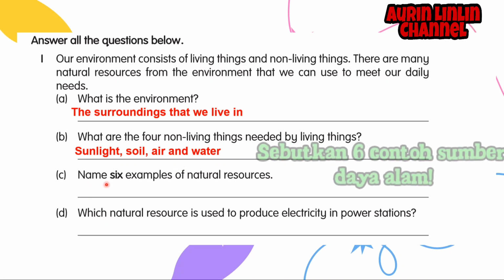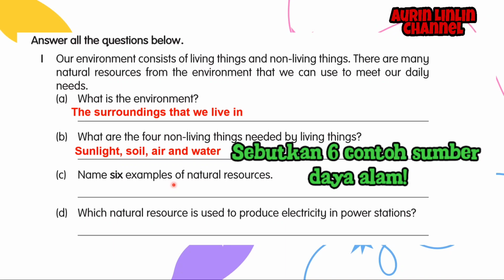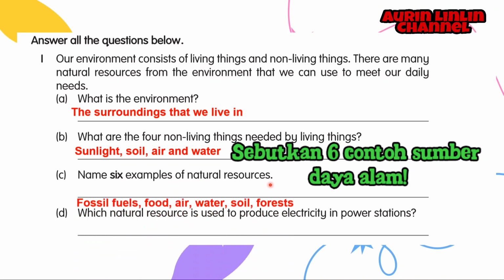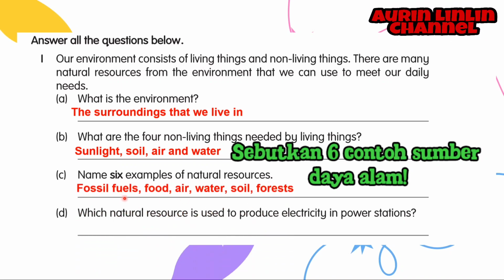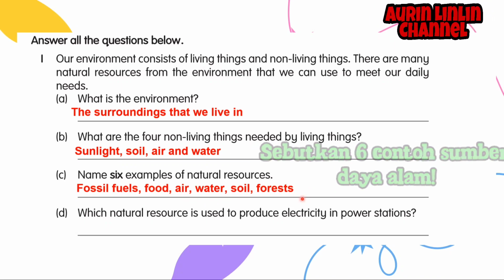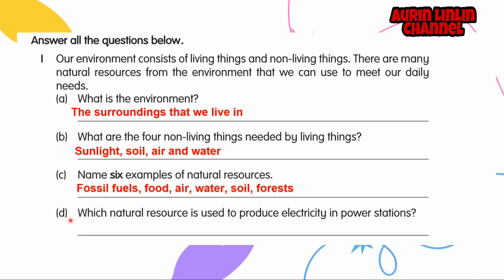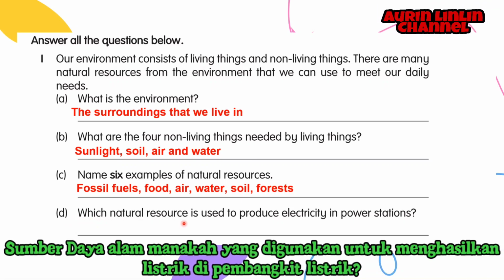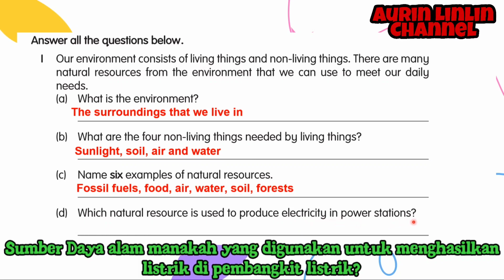C. Name 6 examples of natural resources. Fossil fuels, food, air, water, soil, forest. D. Which natural resource is used to produce electricity in power station?